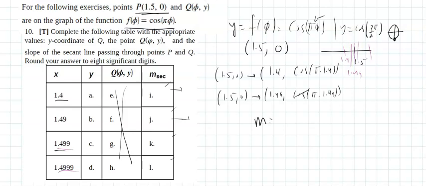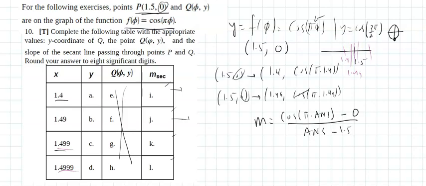The slope of the line is going to be y2, which is the cosine of pi times, the only part that's changing is answer, minus y1. y1 is 0 every time. It's right there. Over x2. Well, x2 is the answer, minus x1, and I'll elaborate on that.